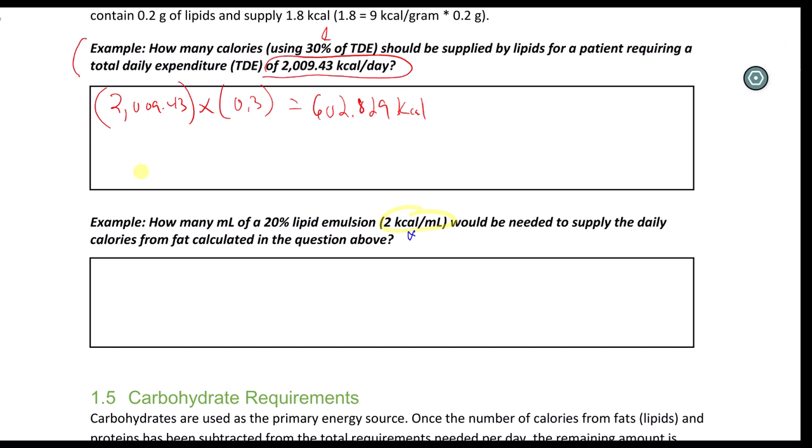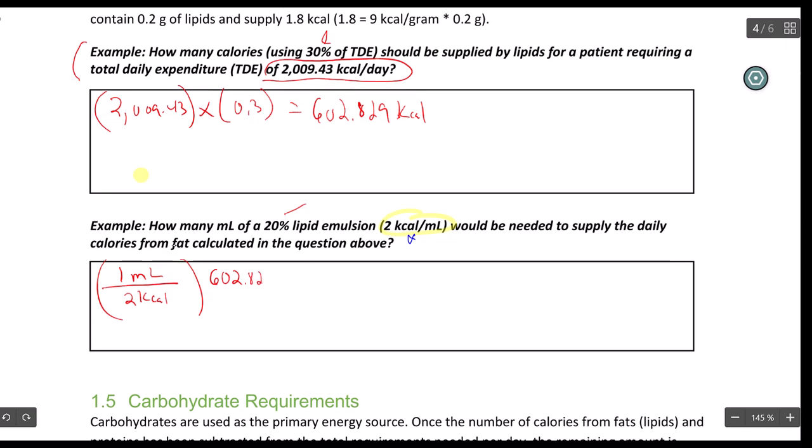Well, we know for the emulsions, every 1 ml will supply us 2 kilocalories for the 20% emulsion. How many mLs if we want 602.829 kilocalories?